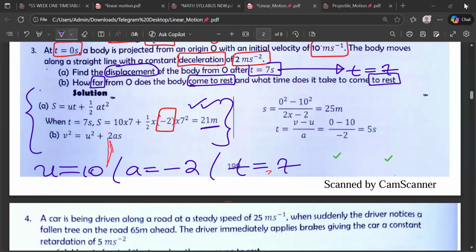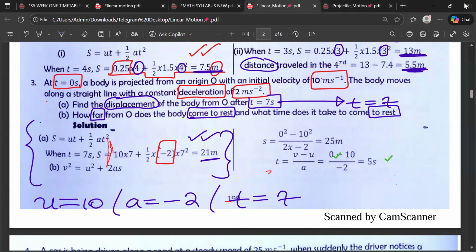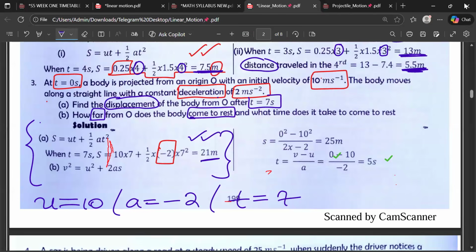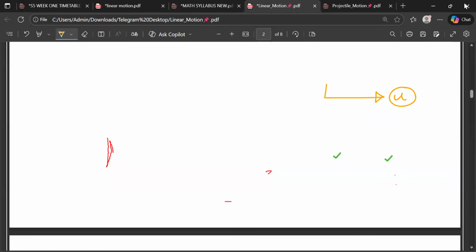With that question, you're supposed to just interpret what they have asked. Remember, they have told you that the initial velocity is U. They told you that the initial velocity is 10, so you have this U sorted. They are saying how far.